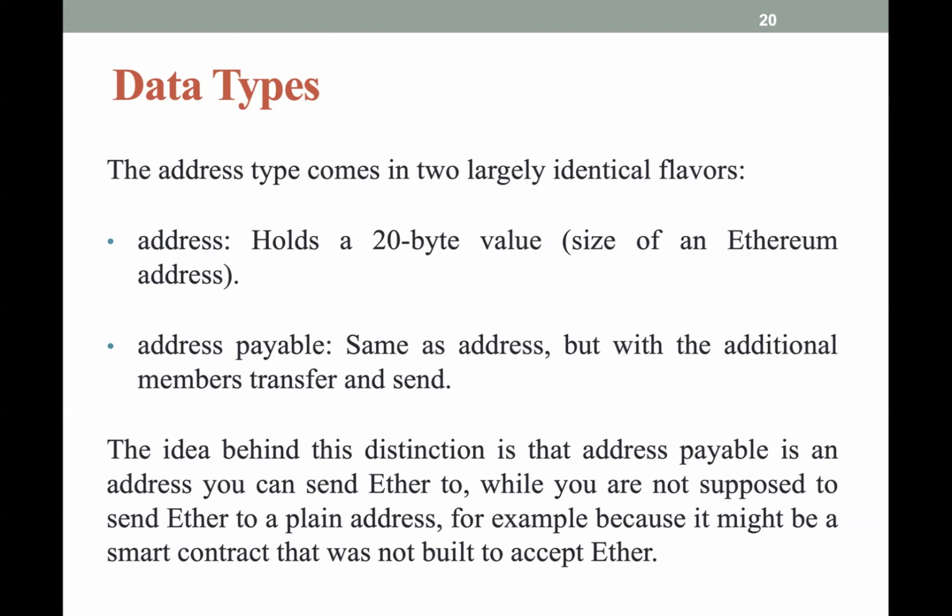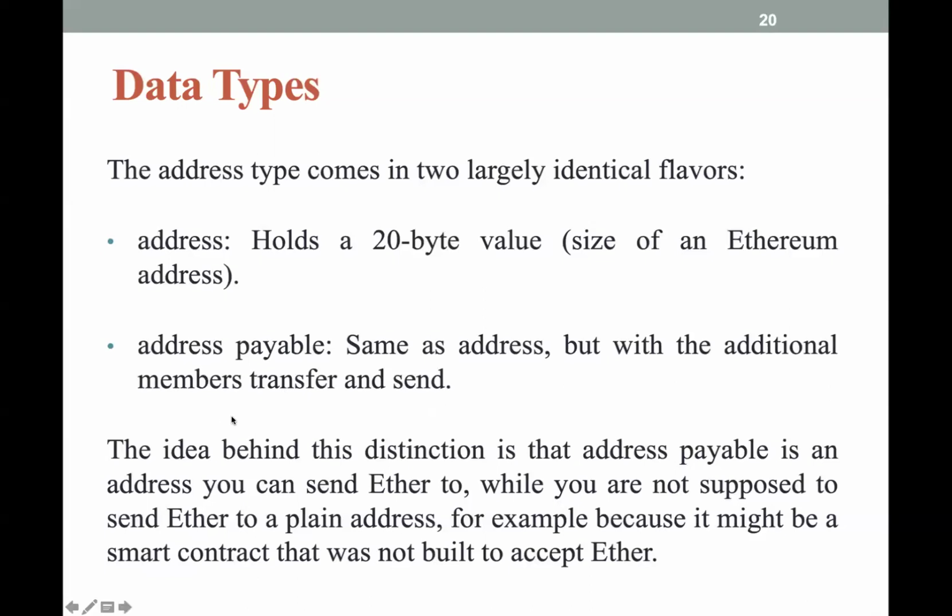So whenever monetary value is involved, instead of just storing that variable's address, we have to make that variable payable. It is the same as address, but with the additional members transfer and send. And these two members help us to transfer the money from one address to another address.